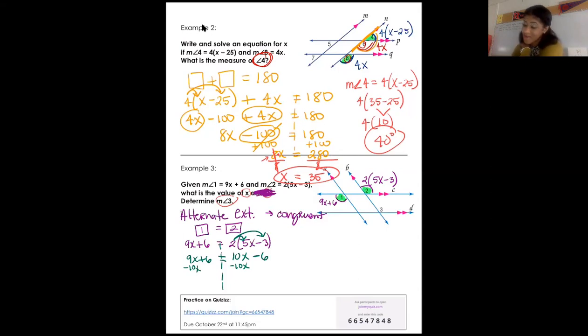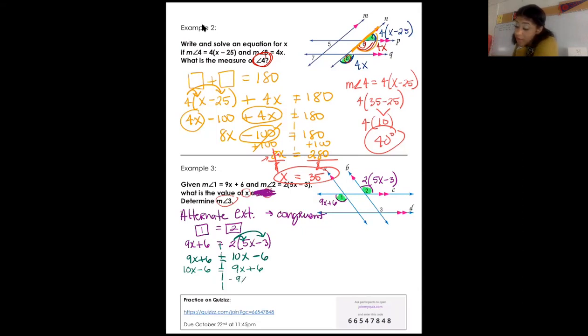I don't want that, okay? I want to stay away from negatives. I hate negative numbers. I mean, you have a calculator, but sometimes you forget to hit the negative and it just all goes wrong. So let's just leave it positive. I'm going to flip sides, okay? I'm going to move 10x minus 6 to that side, and I'm going to move 9x plus 6 on the other side. It's optional. You could work with the negative. I just want to be simple, and I just don't want to do that.